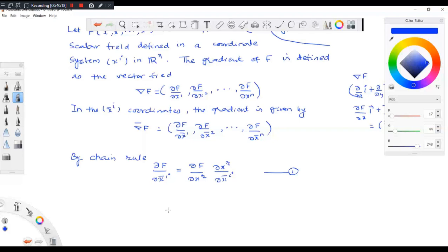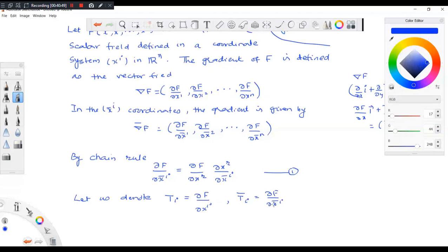Now let us denote Ti is equal to del f by del xi, and T bar i is equal to del f by del x bar i. Suppose I use this notation.